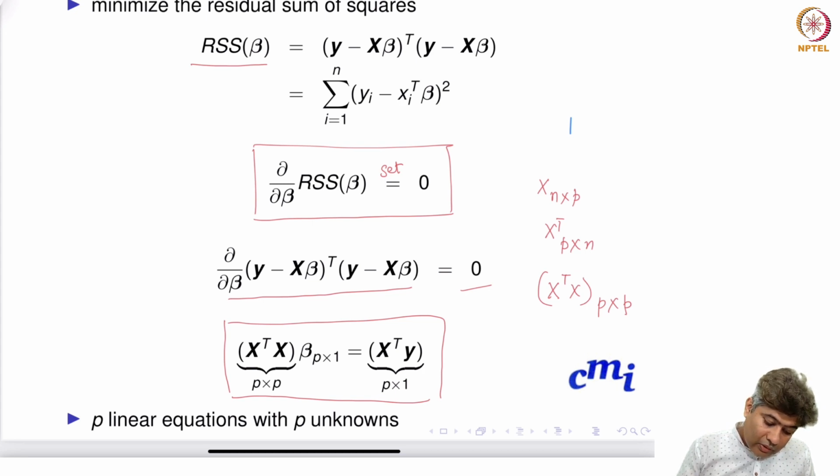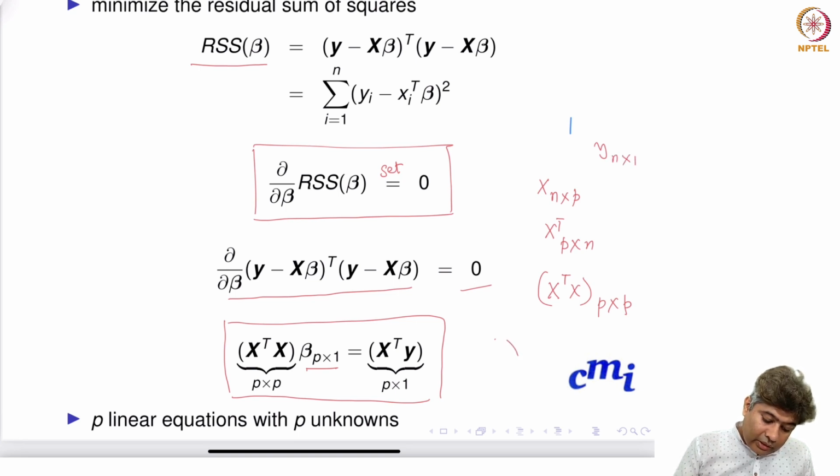Similarly, X transpose X is a p cross p matrix, and beta is a vector of length p. So on the left side we are getting p equations, and on the right side we have X transpose y. X transpose is p cross n and y is n cross 1, correct?